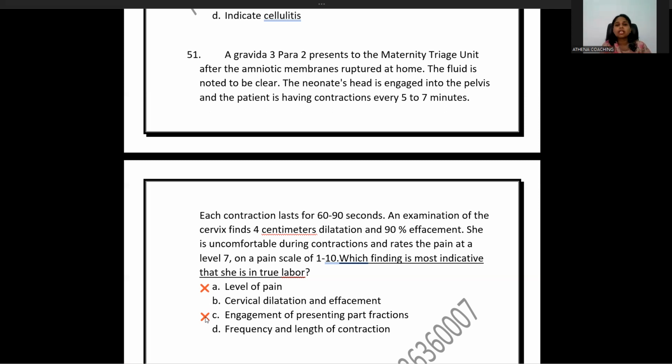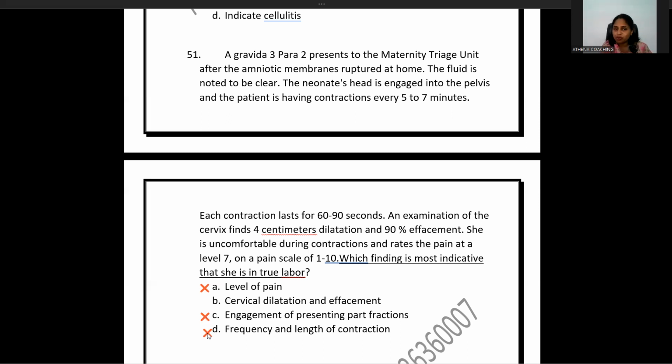But always you will get one wrong answer that can be easily removed, and you will start with the two answers that are almost similar, but you need to learn what is a confirmatory or most appropriate sign of true labor. It is cervical dilation and effacement.